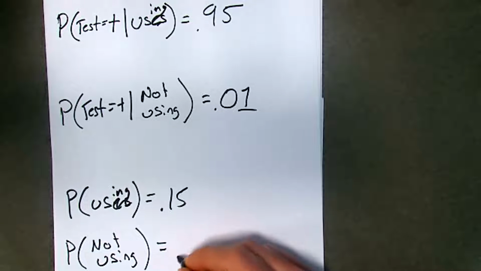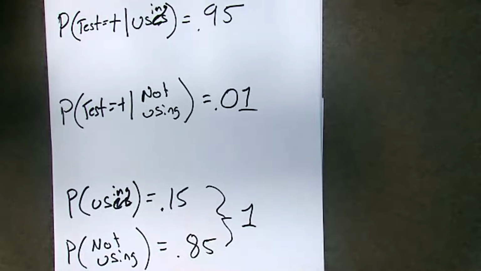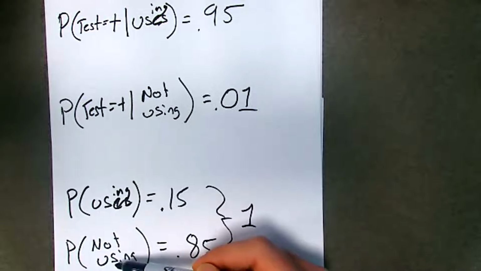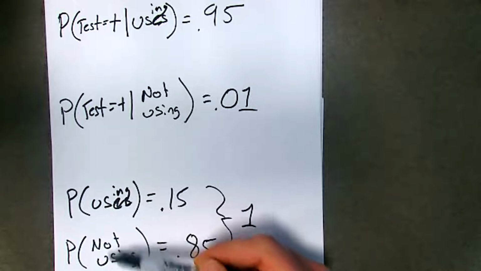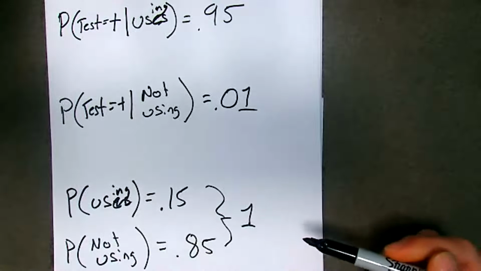Yeah, just 0.85, right? The two states of nature have to add up to 1. This is almost like the complement rule hidden behind there, right? There's only two states of nature, so if this is event A, this has to be a complement, right? If I'm using is event A, I'm not using is the complement. So we know those two things have to add up to 1, so we can figure out that one pretty easily.